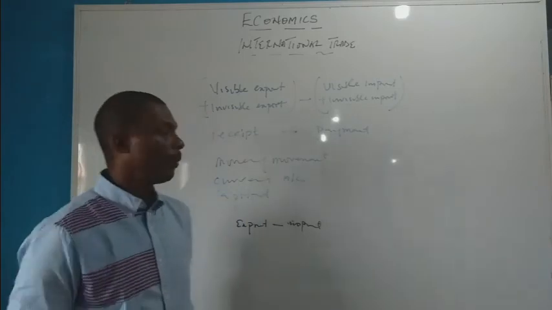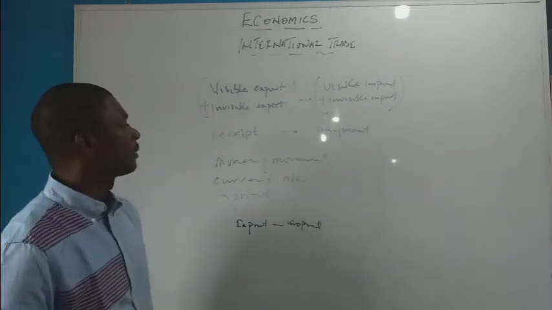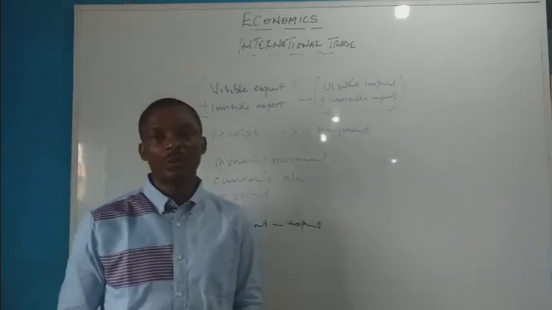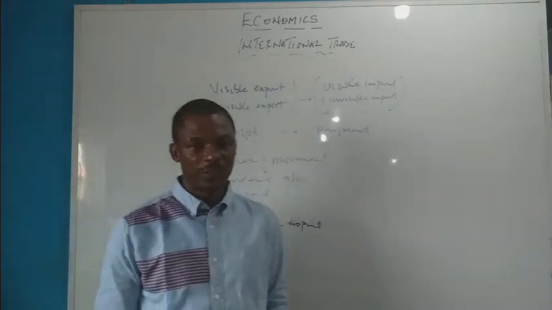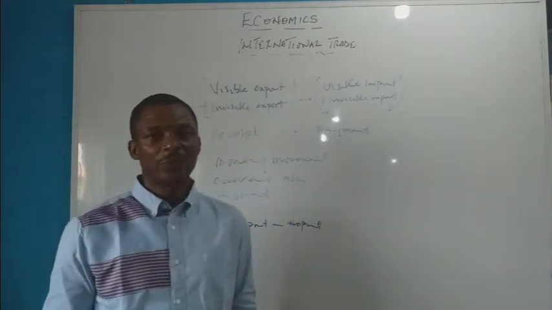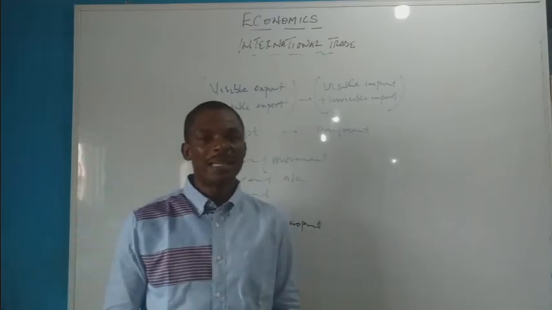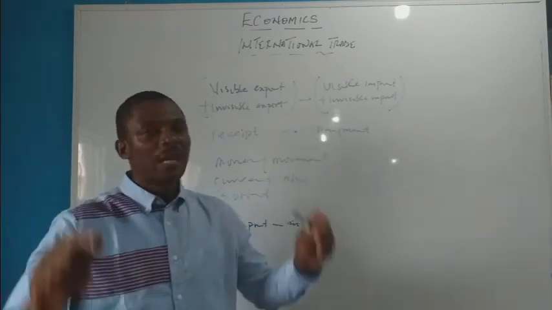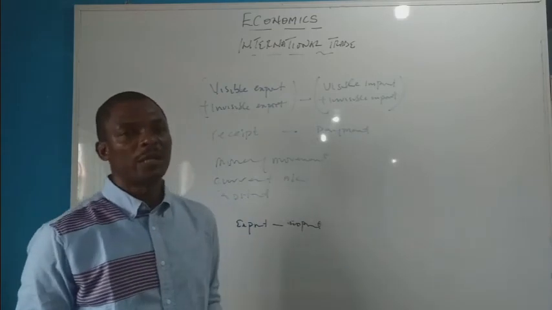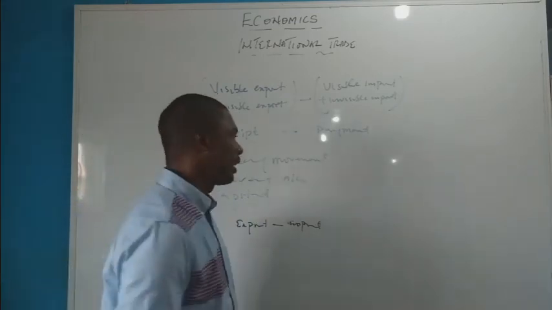Alright, now having said that, we'll go to the next line of action, which is terms of trade. Terms of trade is just the rate at which a country's exports exchange for its imports. That rate at which a country's exports exchange for its imports is called the terms of trade. And what's the formula?